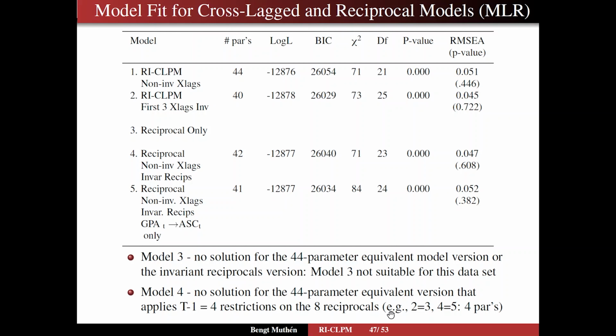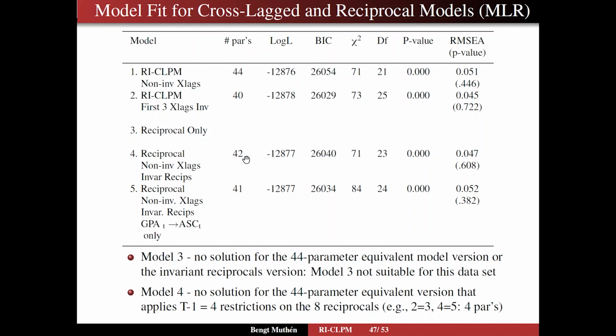That is, for instance, reciprocal effects for time point 2 equal those for time point 3, and reciprocals for time point 4 equal to those for time point 5. So 2 reciprocals per interval here, so 4 parameters. So 8 minus 4 is the 4 restrictions that we have, which would give us 44 here in this case.